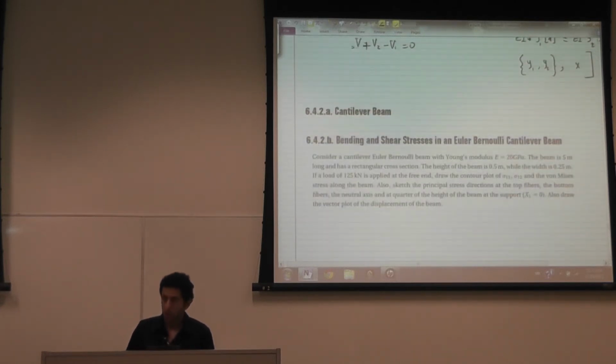And the second problem in your assignment is similar to this problem that I will show you how to solve now. So, you have a cantilever for this. In your assignment, instead of cantilever beam, you have a simple beam.